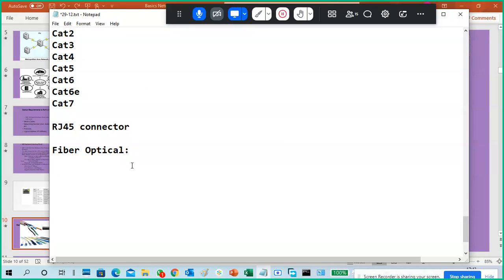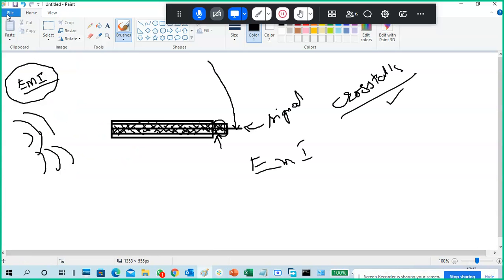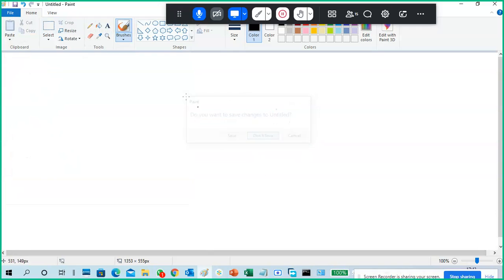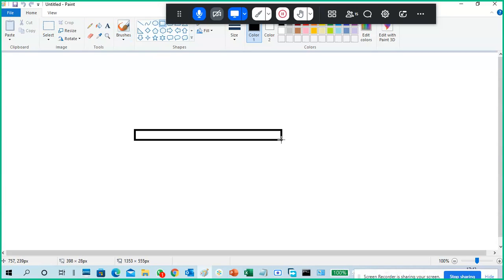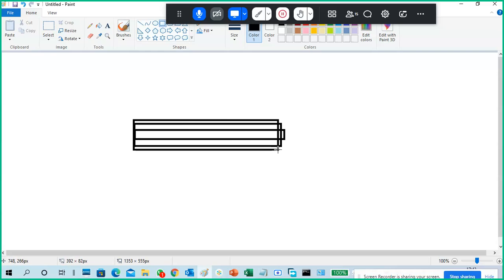So there are two materials, core part and clad part. Core means the main signal is forwarded through this, and upon this core there is another part, the clad. And there is a plastic shield, a plastic cover.